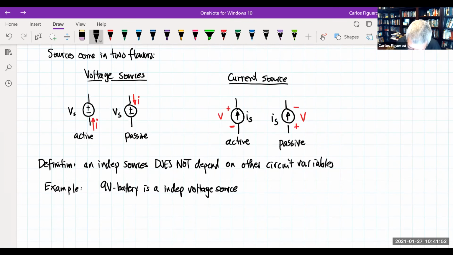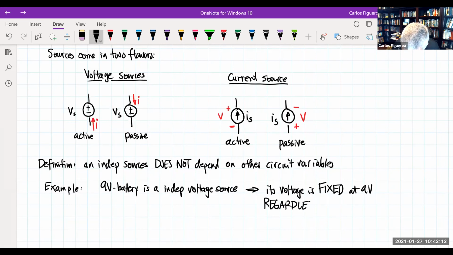Okay. So what this implies here is that its voltage is fixed at 9 volts, regardless of the resistance or the current in the circuit, of other variables like resistance or current.